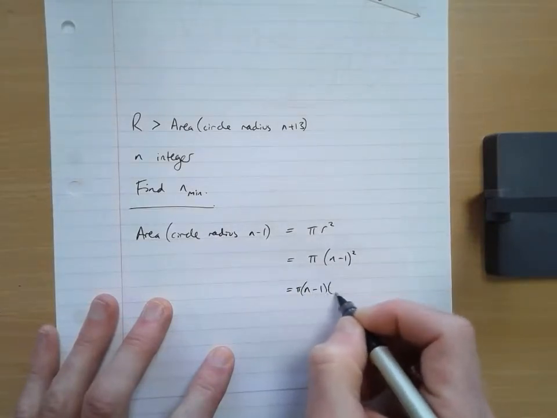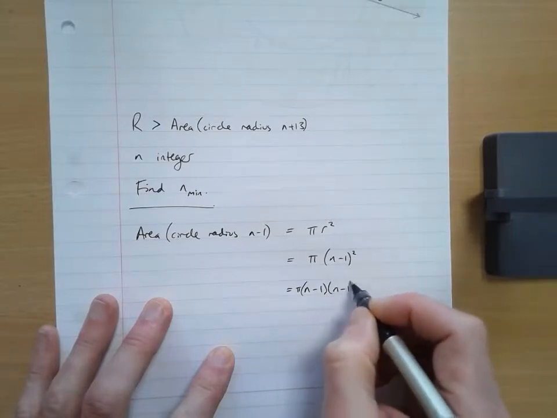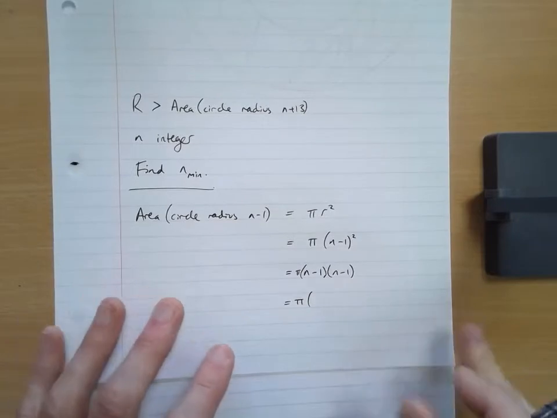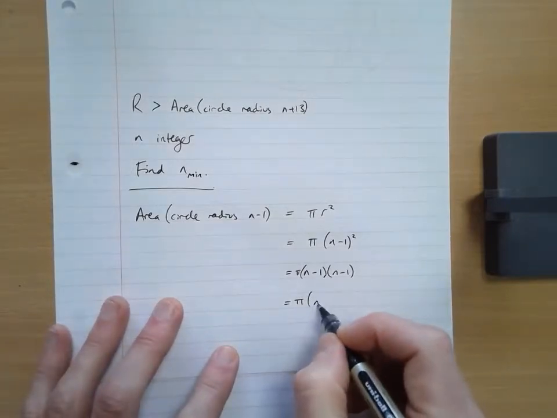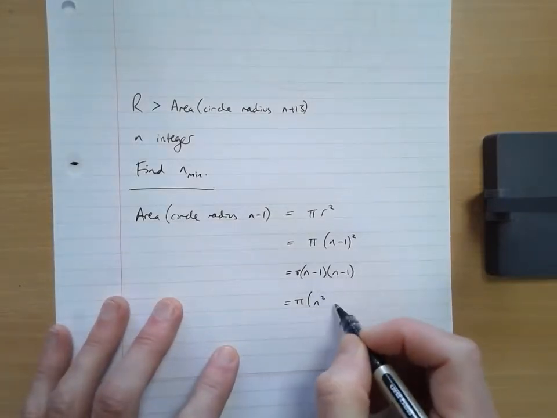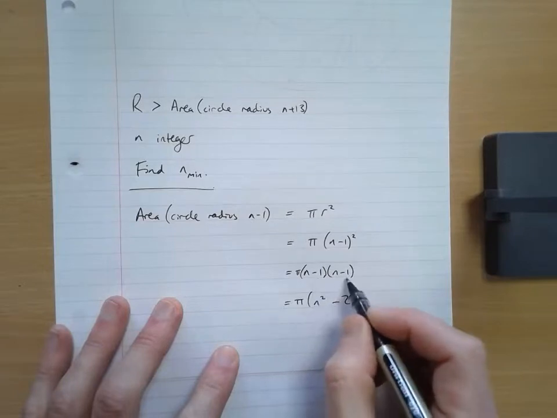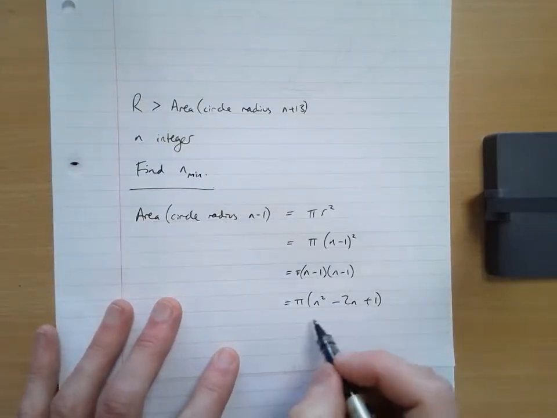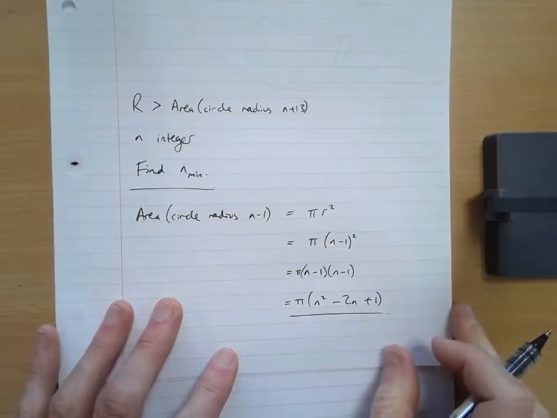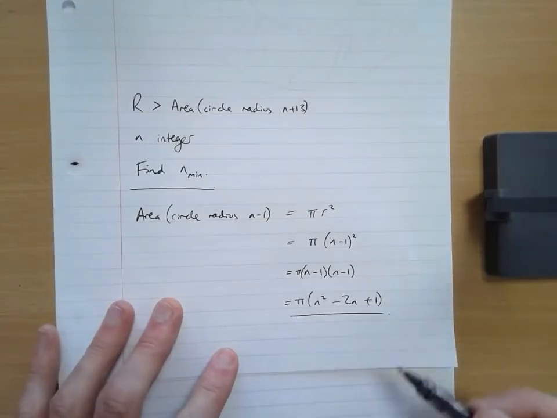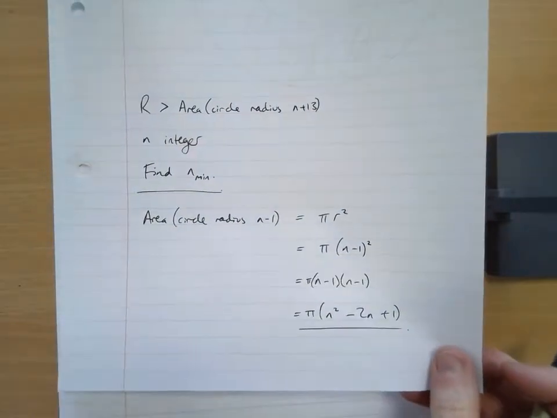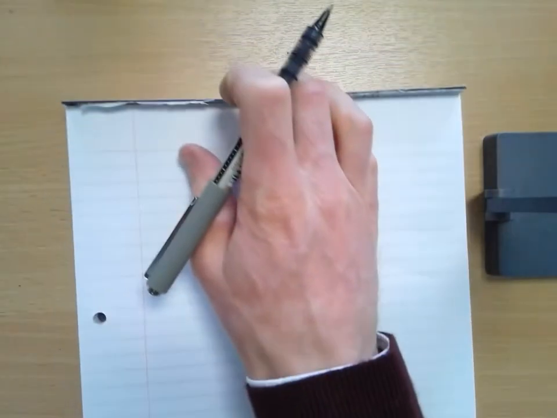Safest way to expand a bracket squared is to write the bracket twice, and then just expand in the normal way. So we've got n times n is n squared, minus n, minus another n, so minus 2n, minus 1 times minus 1 is plus 1. Okay, and for the moment, that's where I'm going to leave it. That pi is going to crop up time and time again, so I'd rather just leave pi outside, because it may well end up disappearing through a sort of cancellation process later.